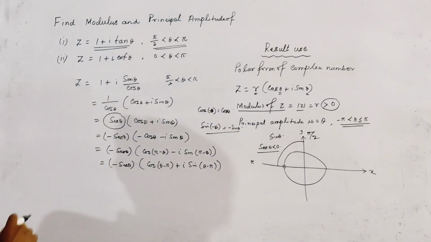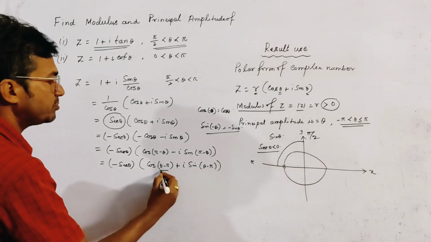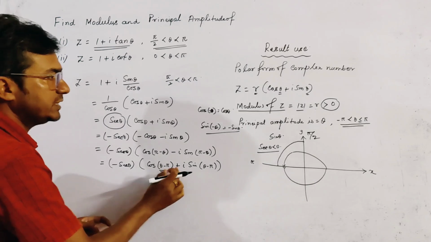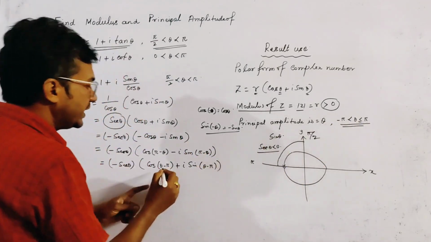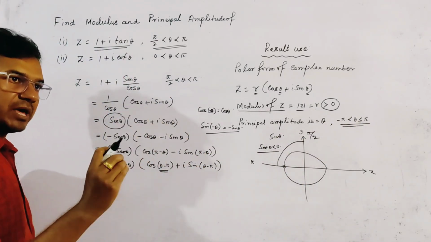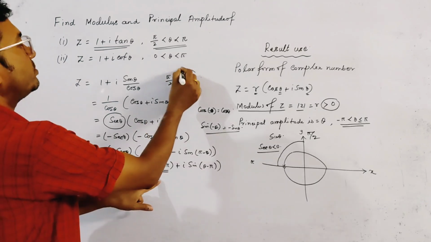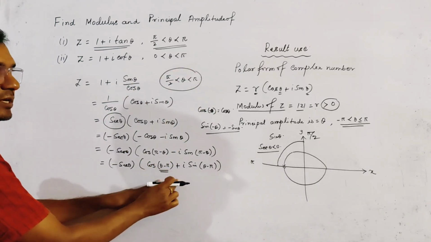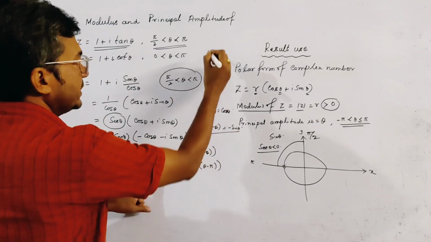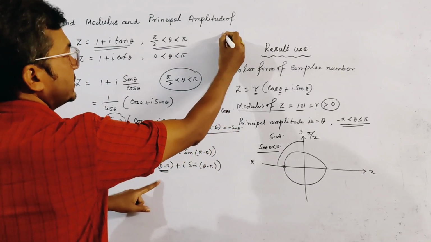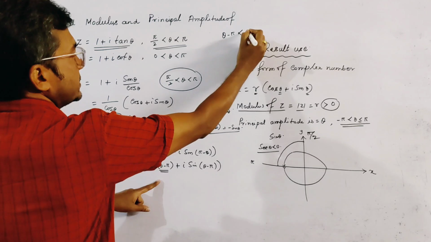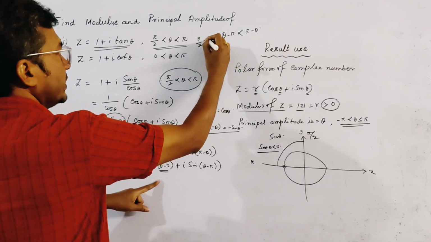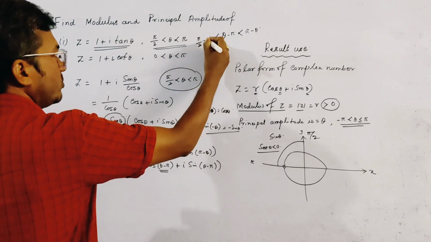Okay. Now we test whether this angle represents the principal amplitude or not. If this angle is in the range of minus pi to pi, then it obviously represents the principal amplitude. Here the range of theta is this, and we have to find the range of theta minus pi. So it is clear that theta minus pi is greater than pi by 2 minus pi.